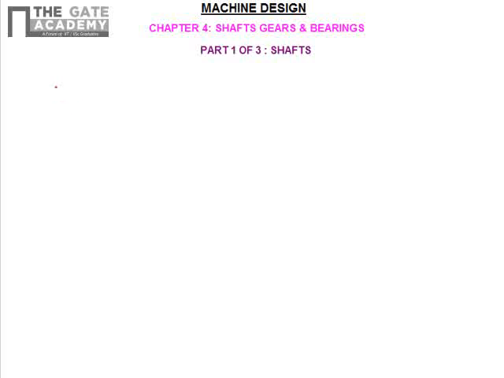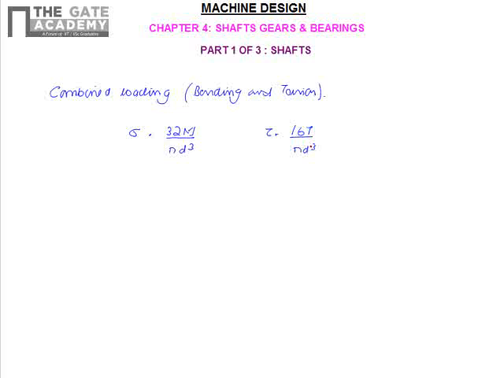So we have seen that when we have a combined loading of bending and torsion, we have the bending stress is given as 32 M by pi d cube and the shear stress is given as 16 T by pi d cube.